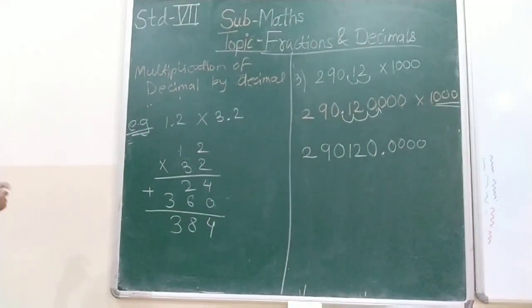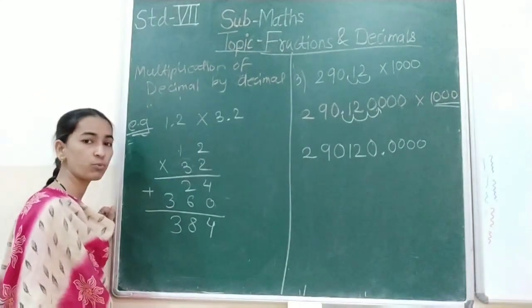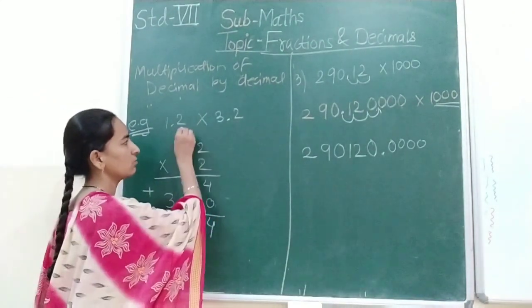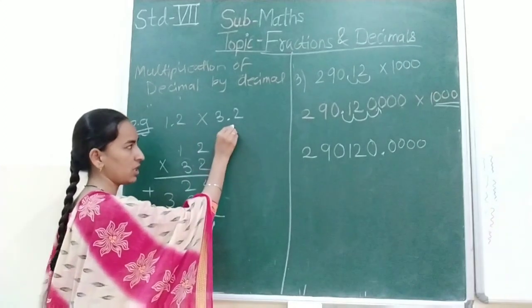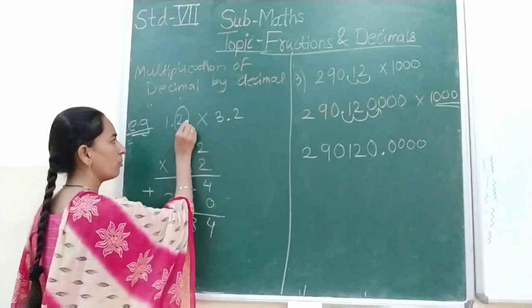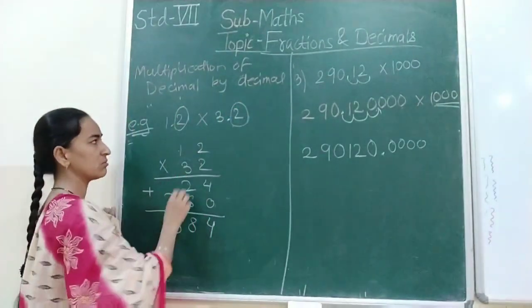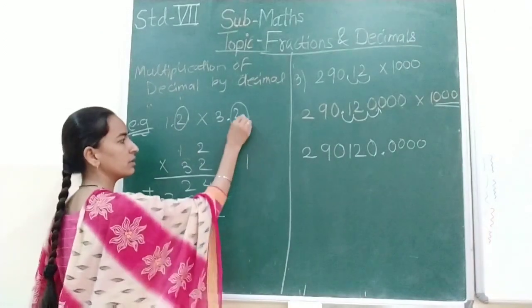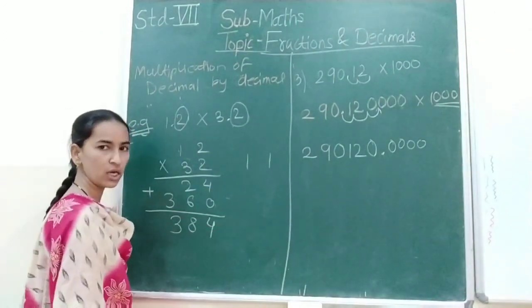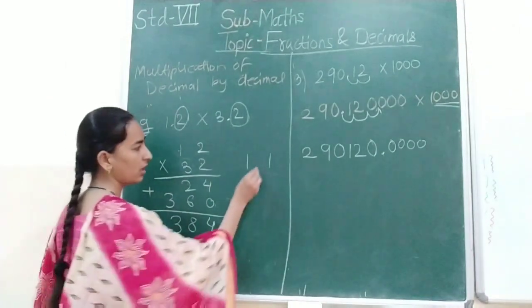Now we have to give the point. Okay. How are we giving the point? When we are multiplying decimal with decimal, that time first see how many digits are there after decimal. Here is 1, here is 1. Okay. In both 1 digit is there after decimal.